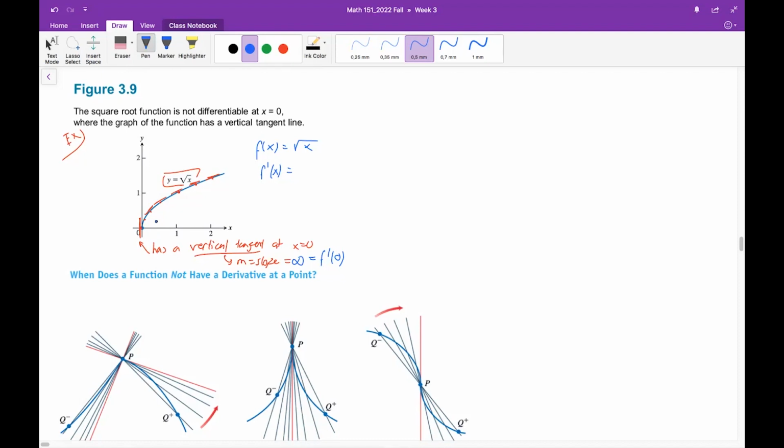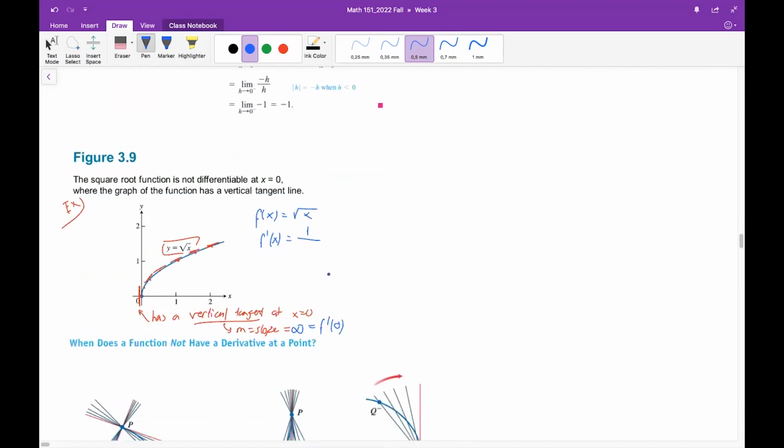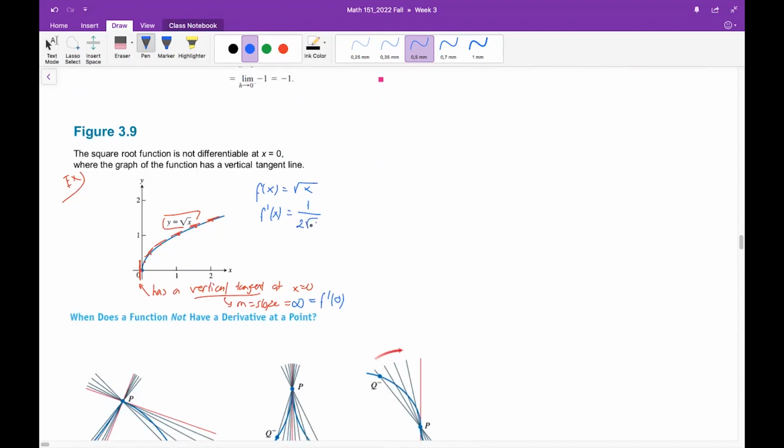We can also explain this algebraically by computing things. In the upper part, we showed by using the limit definition that for the square root of x, the first derivative function is 1/(2 square root of x). That's why this expression, f prime, is not defined at x equals 0.